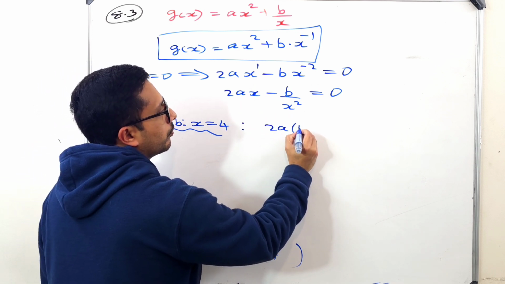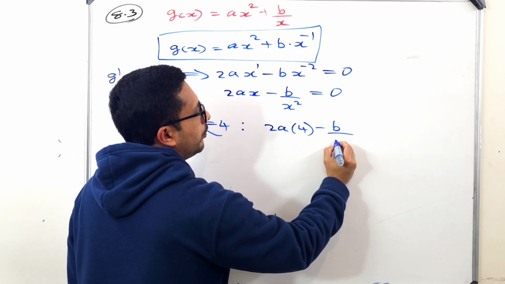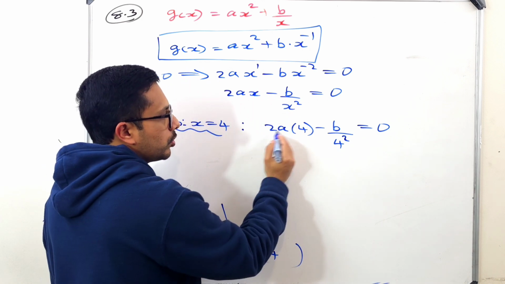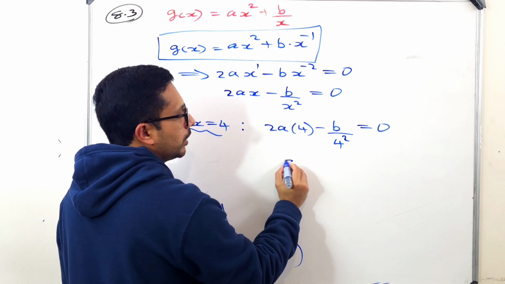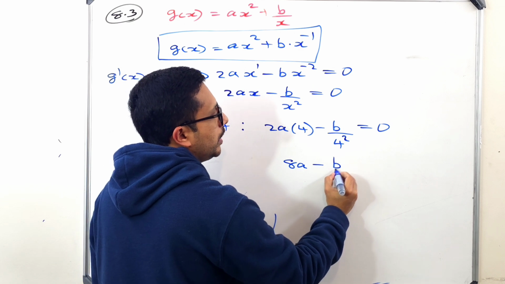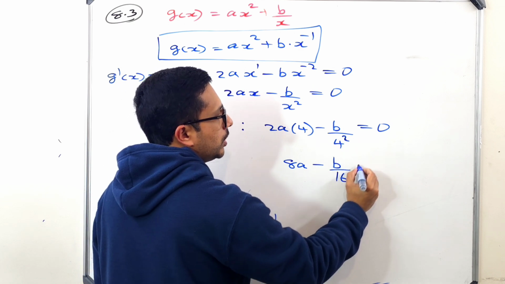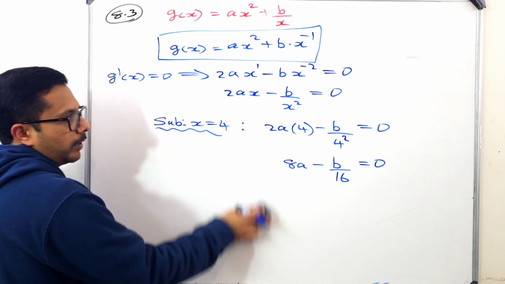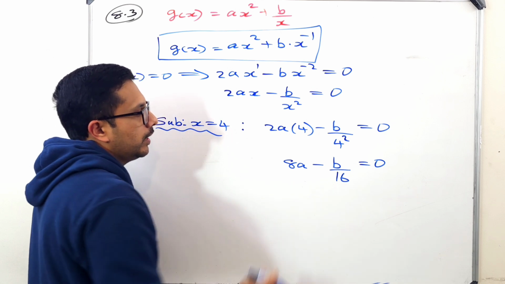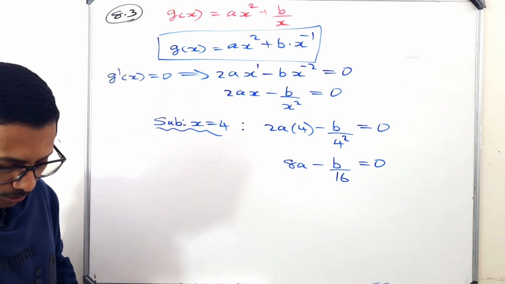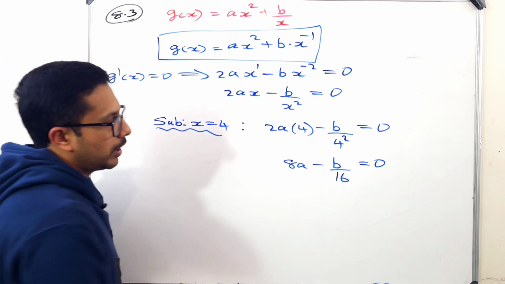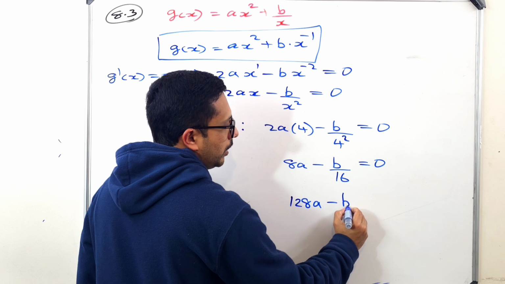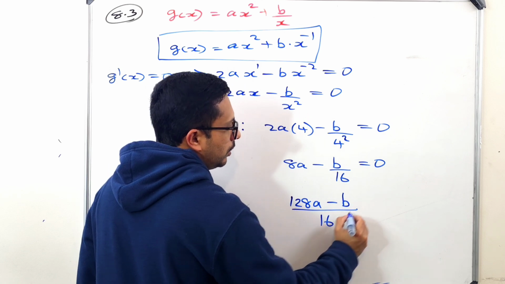2a times 4 minus b divided by x square, 4 square, is equal to 0. What is 2a times 4? 2 times 4 is 8. So it is 8a minus b over 4 square, which is 16, is equal to 0. So we have to simplify that and make it one equation. 16 times 8 is 128, so 128a minus b divided by 16 is equal to 0.